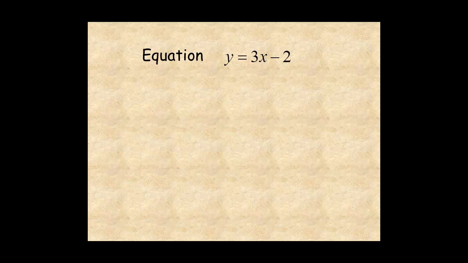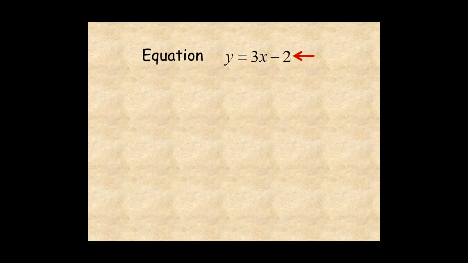In a previous lesson, you learned that a relation can be defined by an equation. A two-variable equation like y equal 3x minus 2 defines a relationship between an input x and an output y.